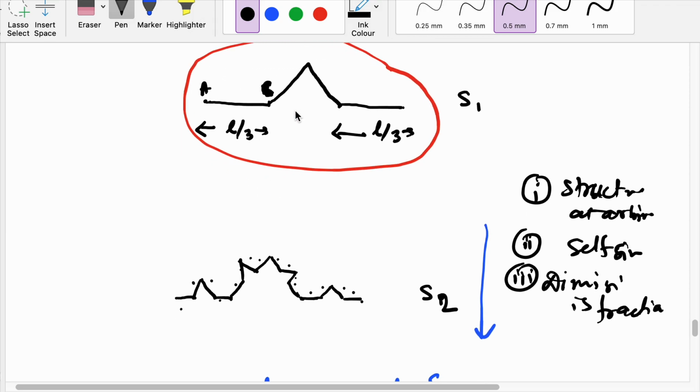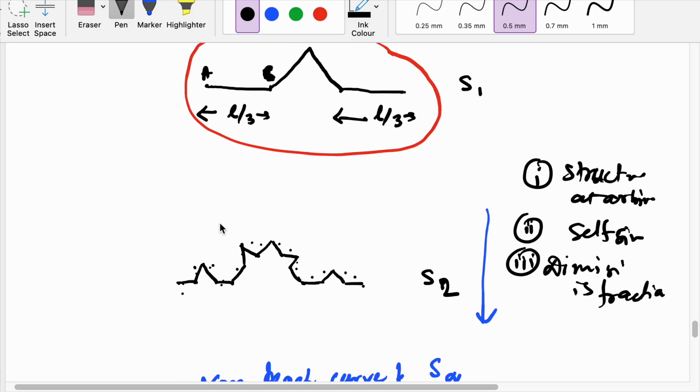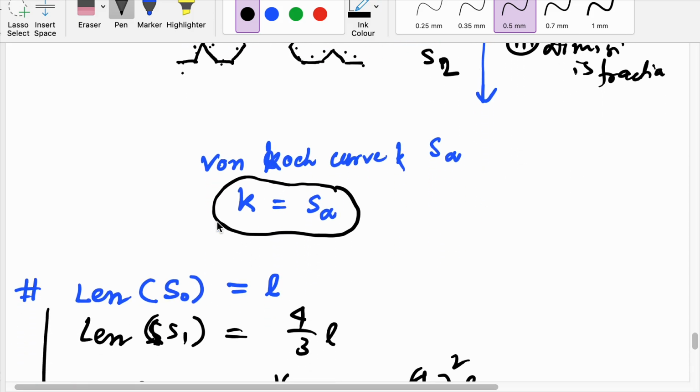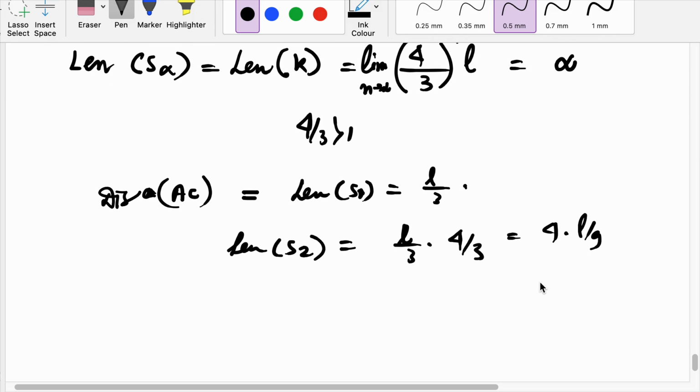This L by 3, now you find that this is actually 1, 2, 3, 4 pieces of L by 9. So you see that 4 into L by 9. So that is right, that means L by 3 into 4 by 3.